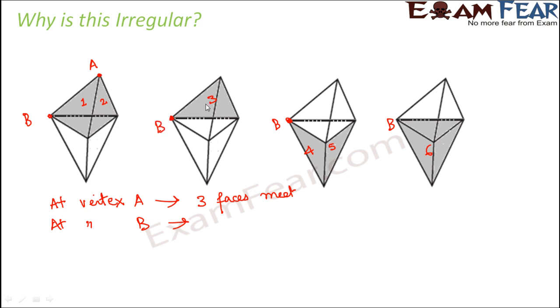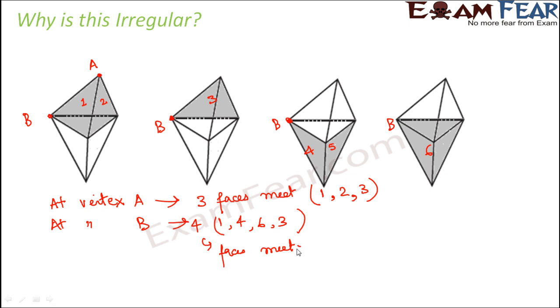Face number 3 also meets at point B. So basically at vertex A, the triangles 1, 2 and 3 meet, whereas at vertex B, the triangles 1, 4, 6 and 3 meet. So all of these meet. So that means how many faces meet? 4 faces meet at point B.